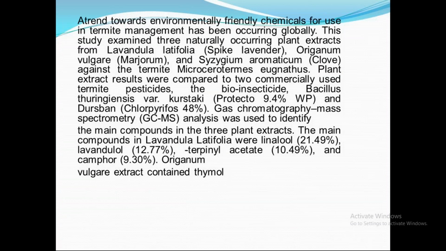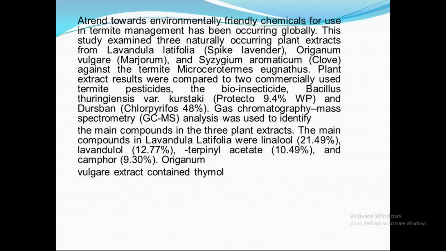A trend towards environmentally friendly chemicals for use in termite management has been occurring globally. This study examined 3 naturally occurring plant extracts from lavender, marjoram and clove against the termite.